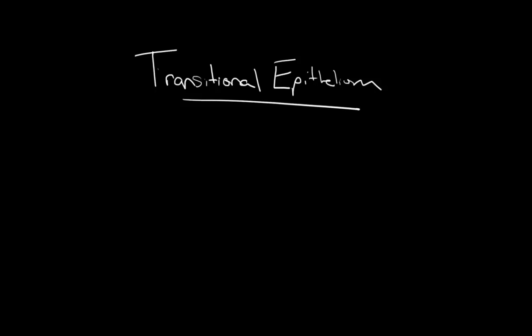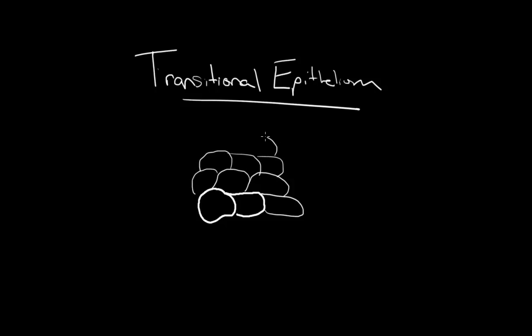Okay, our last variety of epithelium that we're going to spend some time talking about is transitional epithelium. Now, transitional epithelium has kind of an irregular shape to the cells, and they're layered. They're definitely layered on one another. We might see somewhere in the neighborhood of like 6 to 8 cell layers in total depth.